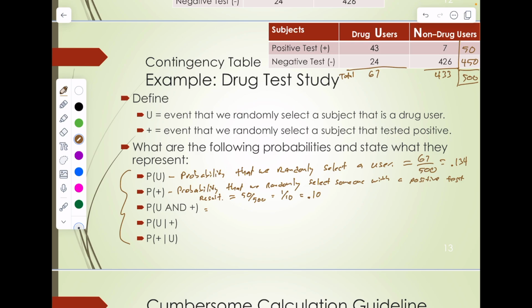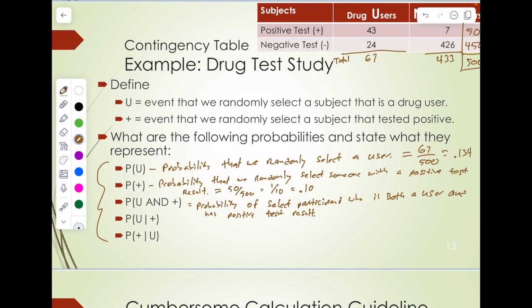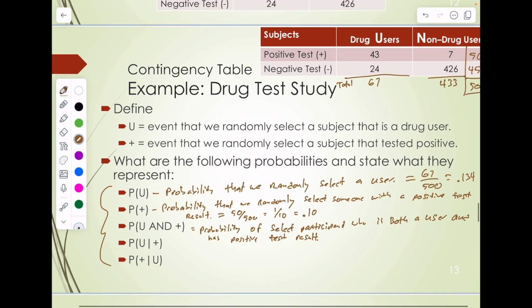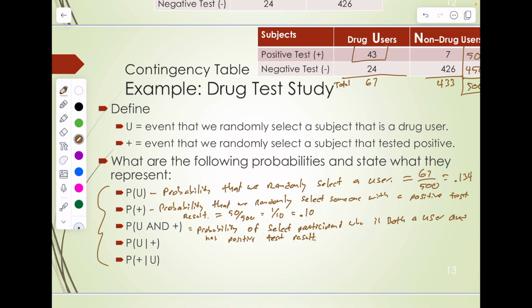Okay, now what's the probability of U and plus sign? And so that is going to equal the probability of selecting a participant who is both a user and has a positive test result. All right, and so this is going to be P of U and plus. So that is and. So that is going to be this one right here.